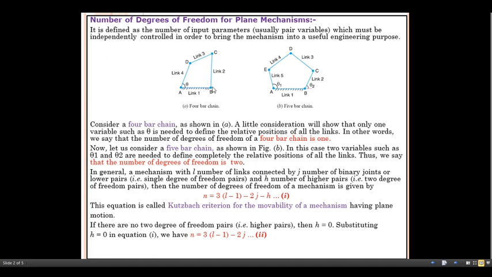It possesses a single degree of freedom. In other words, we say that the number of degrees of freedom of the 4-bar chain is 1.